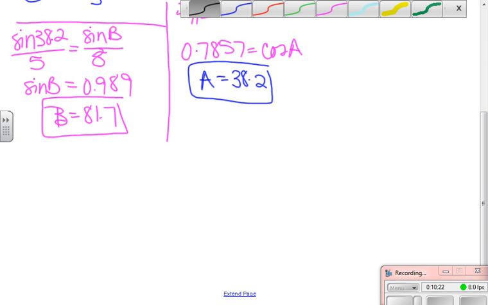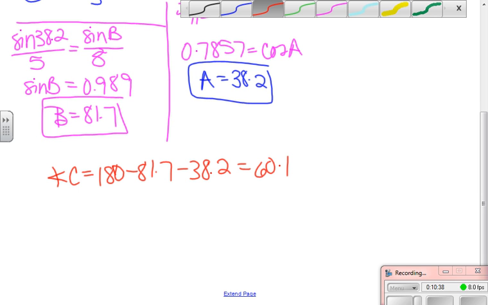Now you can go ahead and subtract to find C, or you can set up a law of sines problem. Either way, if you say angle C is equal to 180 minus 81.7 minus 38.2, you get 60.1.